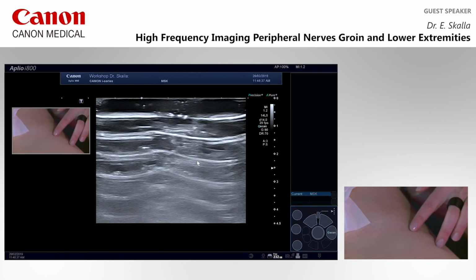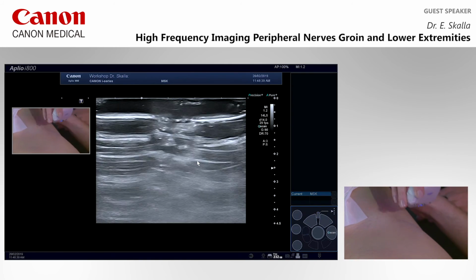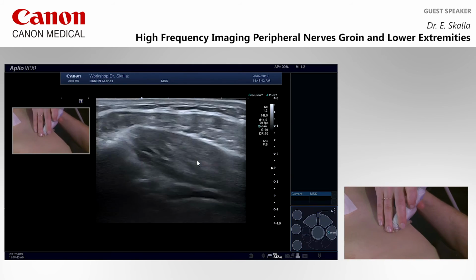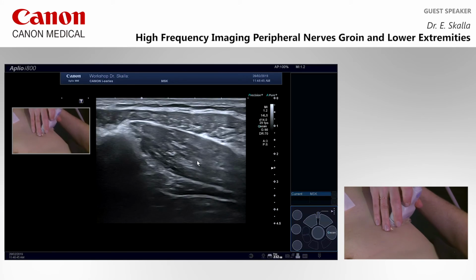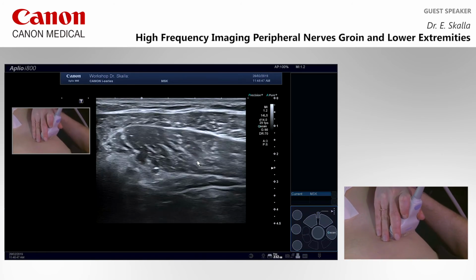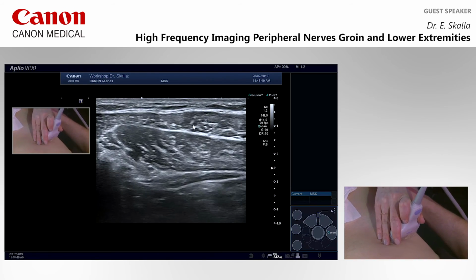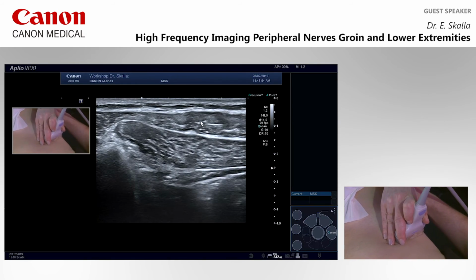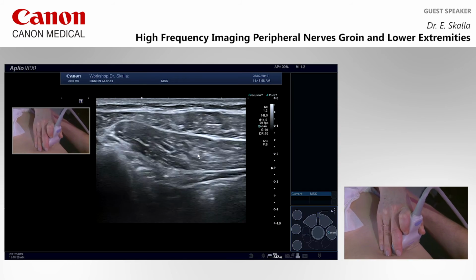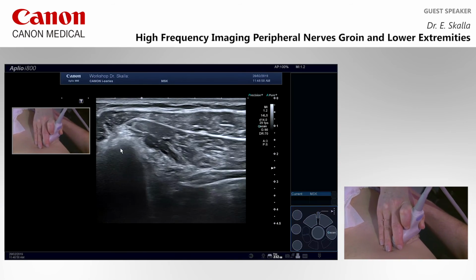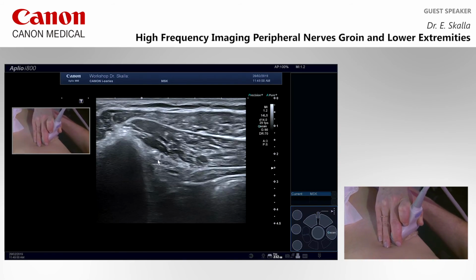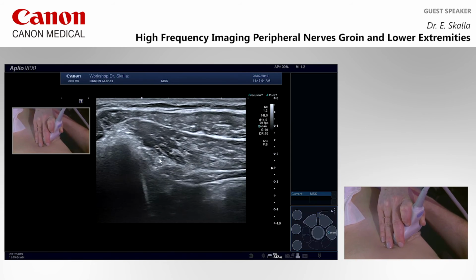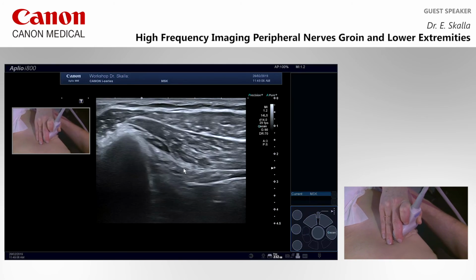We go a little bit proximal and dorsal of the spine, and then we put the probe in a perpendicular approach to the iliac crest, and then we can see those three layers of the abdominal wall: the transverse abdominal muscle, the internal and external oblique muscle, and then here's the iliac crest, and beneath the crest there are two cross-section areas. Here's one, and here's the other one, the ilioinguinal and iliohypogastric nerve.